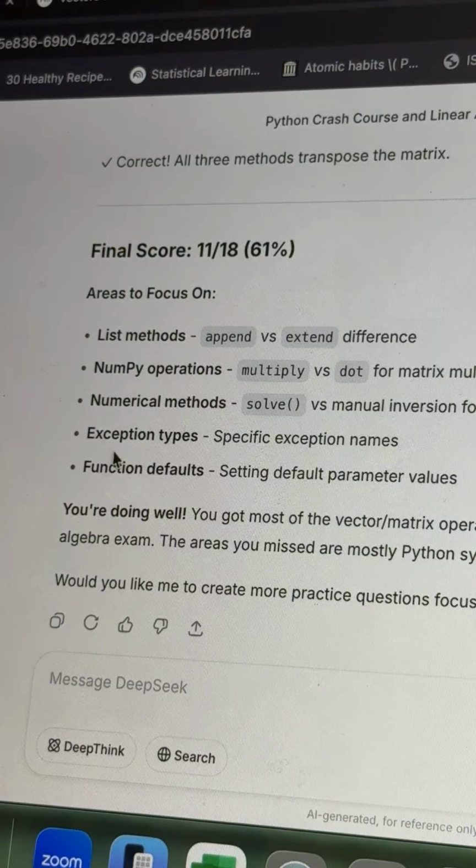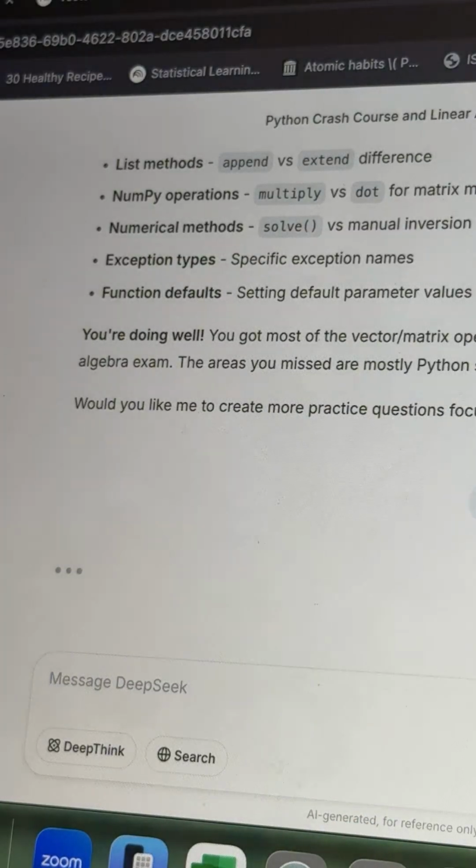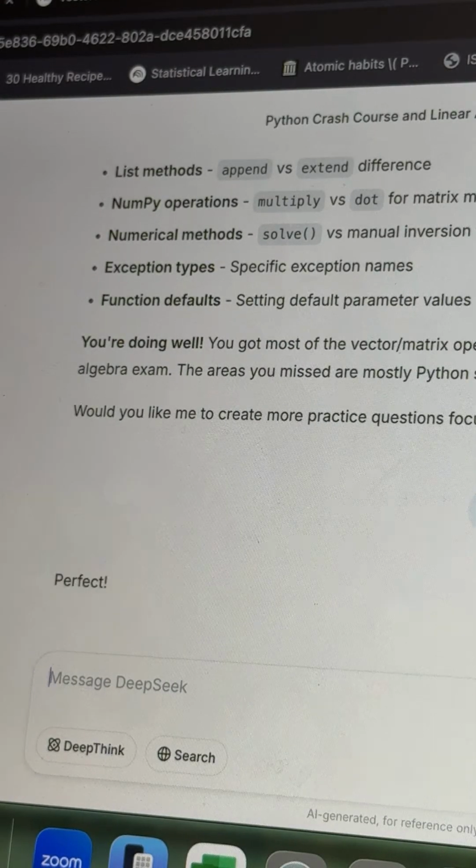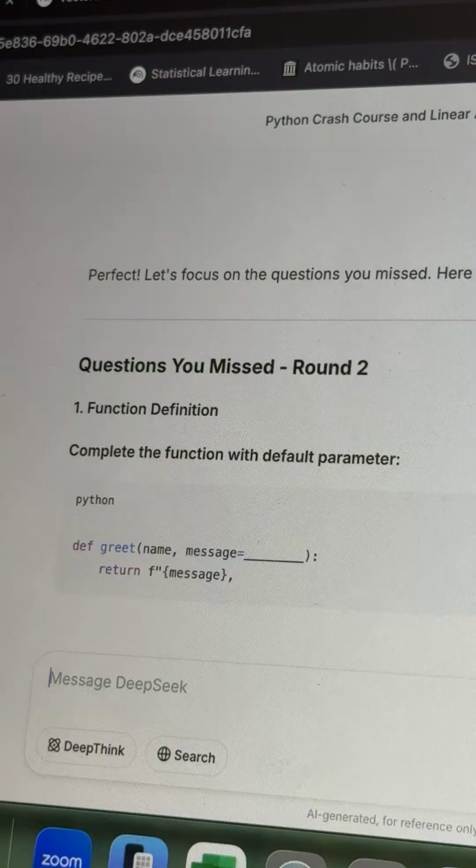Let's see. All right. Let's do the questions I got wrong again. We don't have to explain the ones that we already got, right? We're gonna focus on the questions we missed.